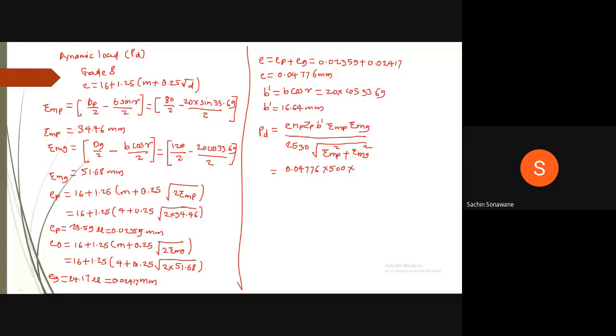What is B dash? 20 into 16.64 into RMP, which is 34.46, into 51.68, divided by 2530 into square root of 34.46 square plus 51.68 square. Therefore, calculate dynamic load in Newton.